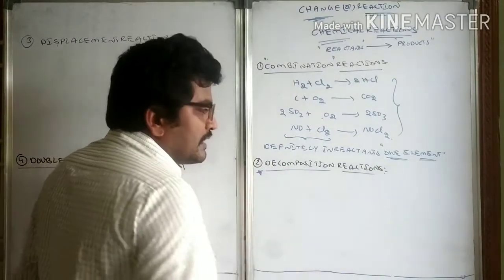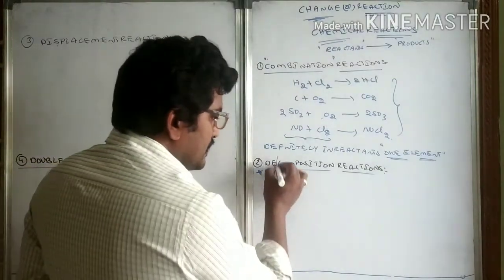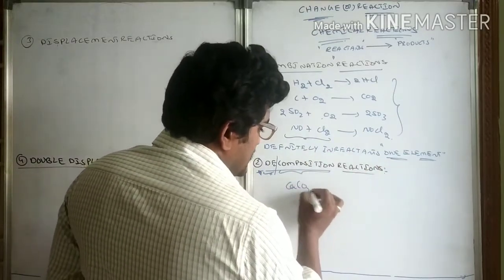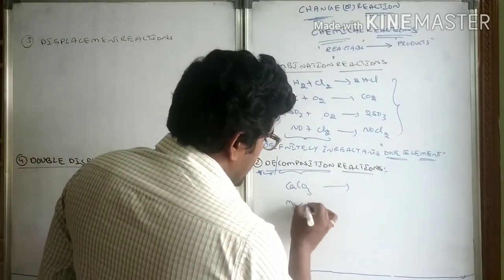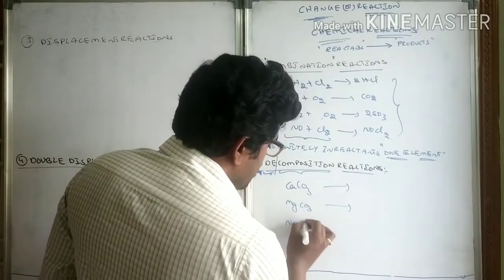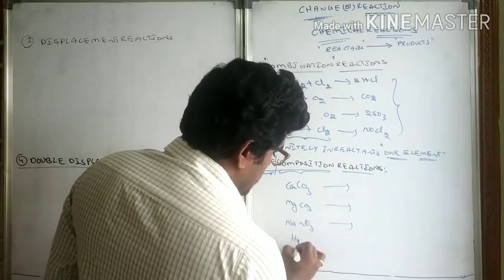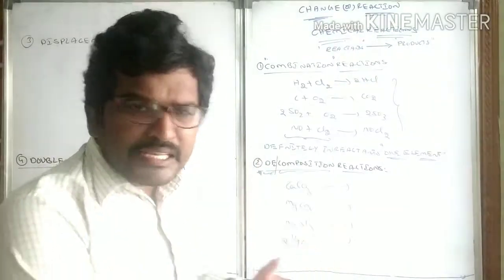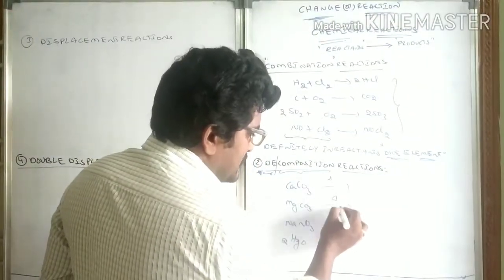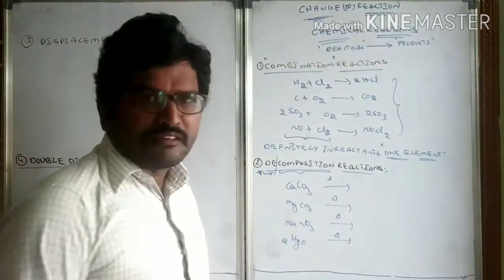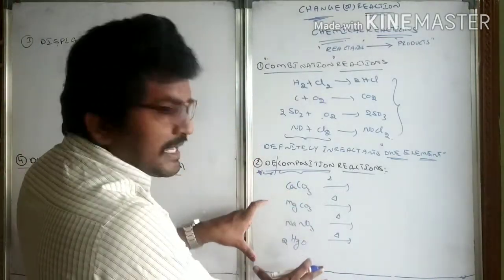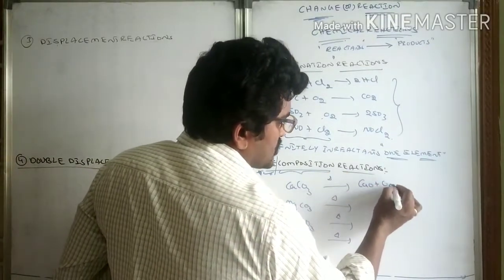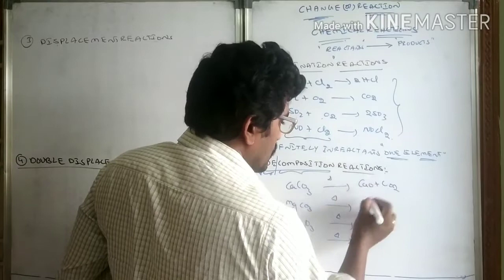Next one is decomposition. Decomposition means whenever you take CaCO3 or MgCO3, NaNO3, HgO, whenever you take any substance and apply some amount of heat to it, it will decompose to produce 2 or more compounds.